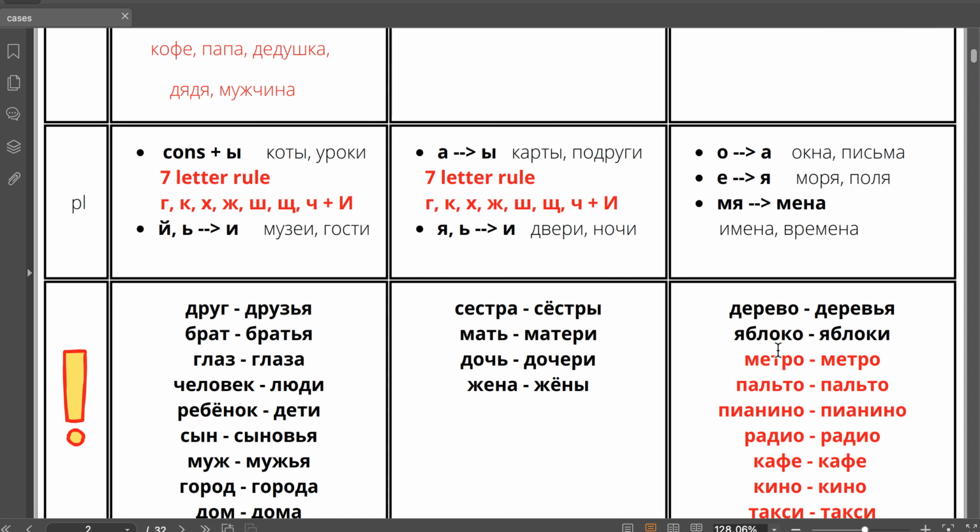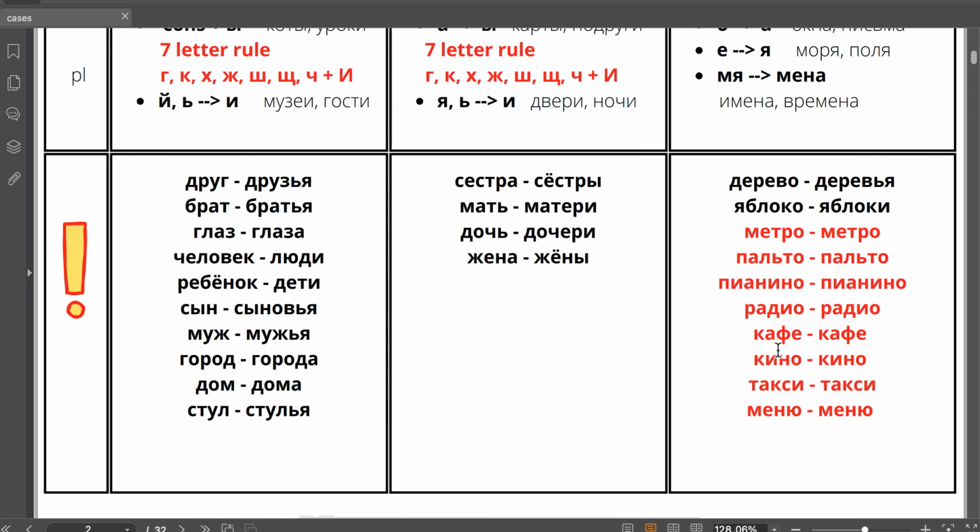And now finally irregular plural for neuter. We have tree and apple. Дерево, деревья, дерево, деревья. Apple, apples, яблоко, яблоки.